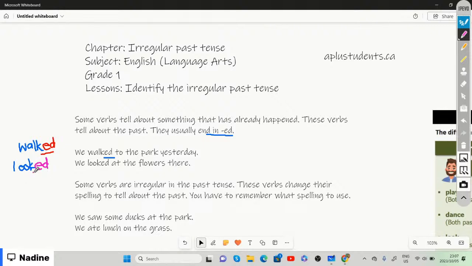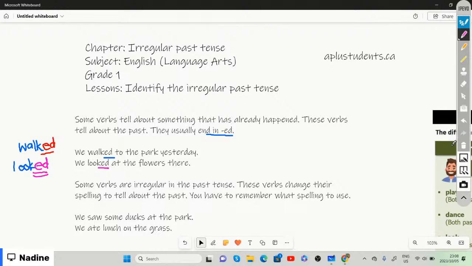So we add an ed. We said some verbs tell us about something that has happened already, and these verbs tell us about the past. So they end in ed.